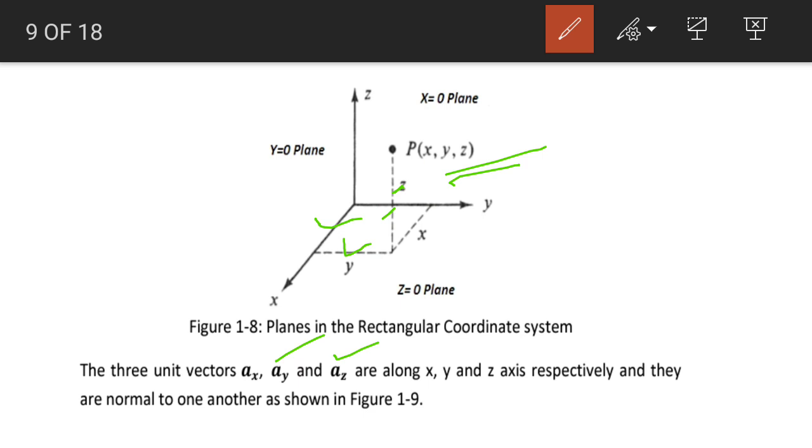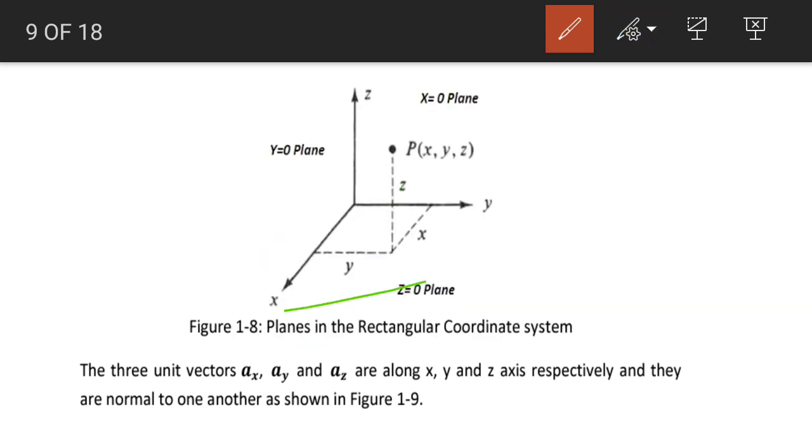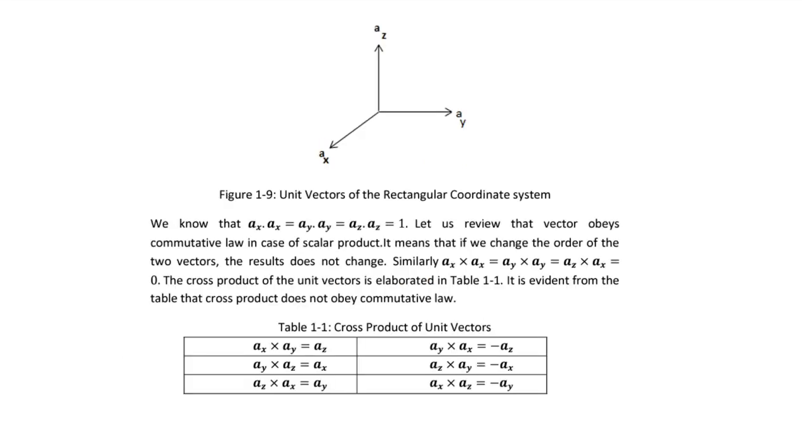The angle between ax and ay is 90 degrees. The angle between ay and az is 90 degrees. And the angle between az and ax is 90 degrees. These three unit vectors are shown in figure 1.9.